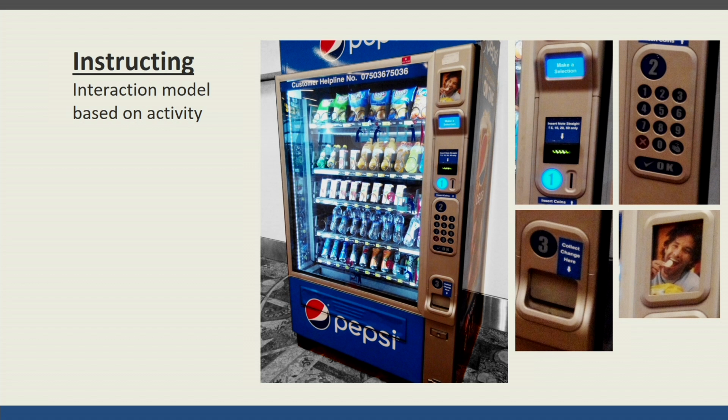In the first section, you have to insert a note straight into the opening, and there is a variety of notes that you can insert. Then the second point is that you have to input or type the number or the code corresponding to the item of interest that you want to receive from the vending machine. Then the third is that if there is any change, you may want to collect the change as well.